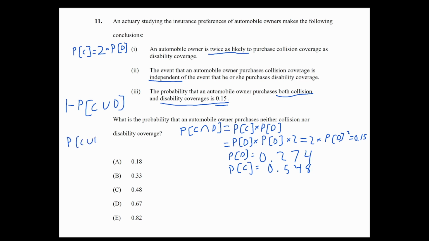Let's write this down. Probability of C union D is equal to the probability of C plus the probability of D minus the probability of C intersection D.